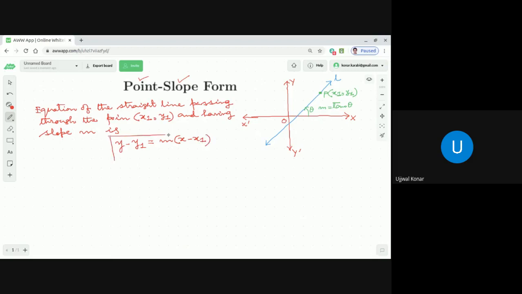This is the equation of the straight line passing through the fixed point (x1, y1) and having slope m.